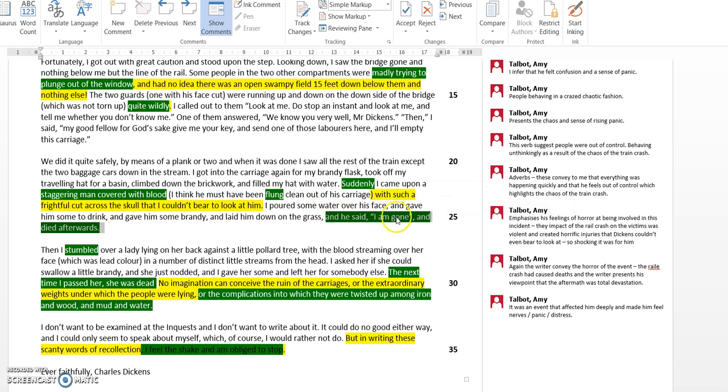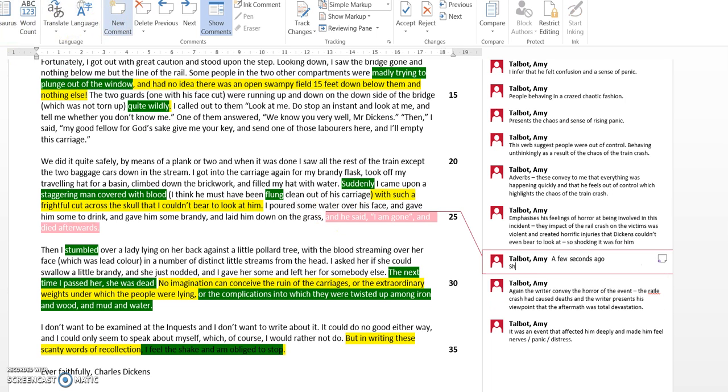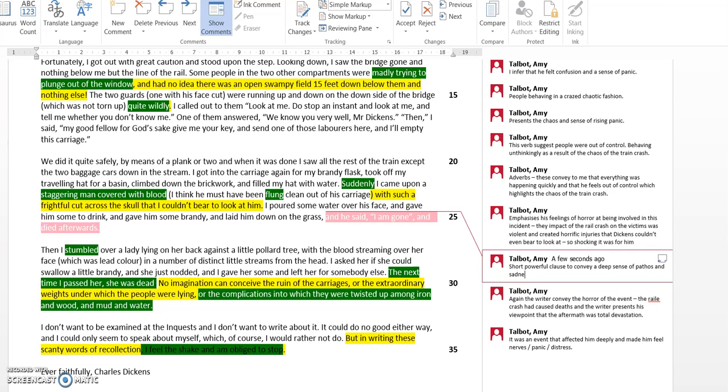So Dickens uses this short, powerful clause here to convey a deep sense of pathos and sadness at the death of one of the passengers. That short clause kind of stands out to me, and it seems to have a bit of emphasis on it, partially because of what it's talking about, but also because it is that short clause at the end of that longer sentence to say that this man has died.